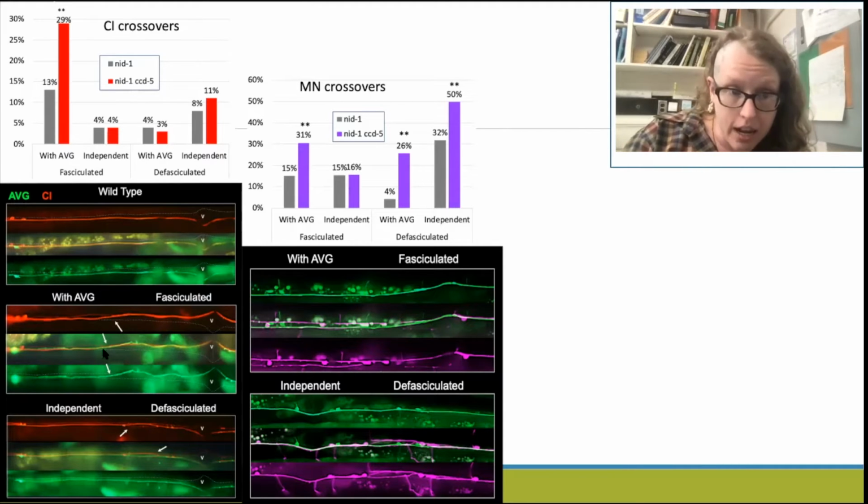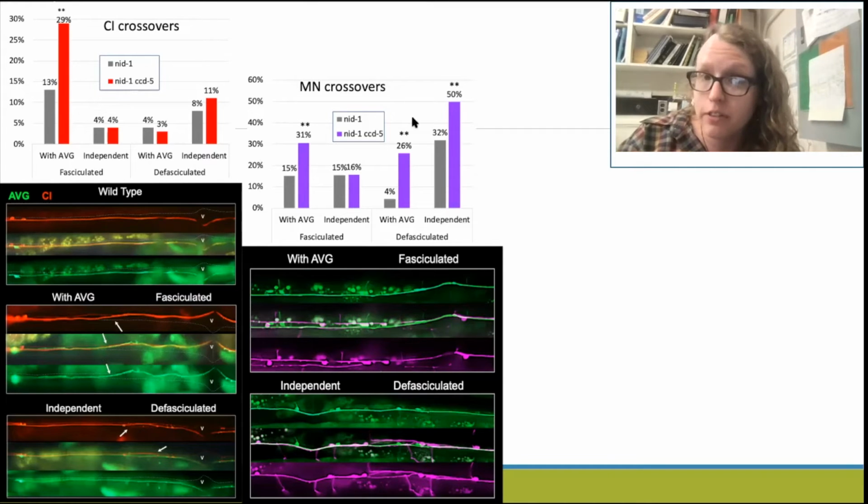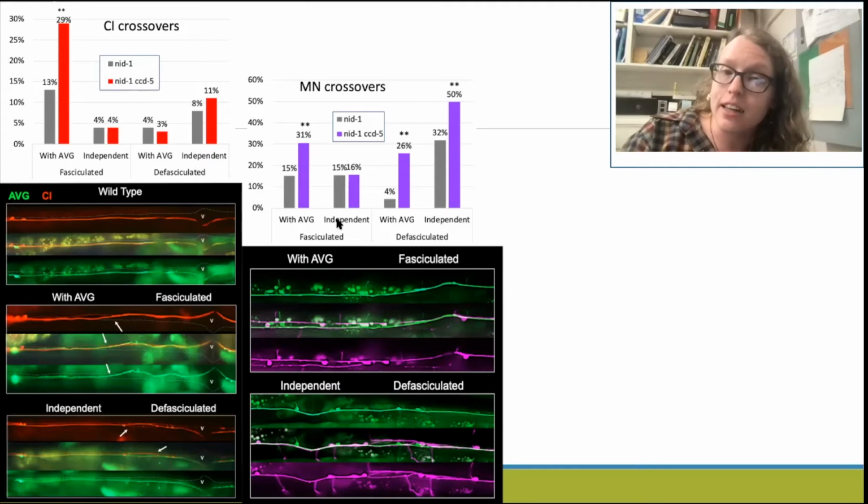So you see that? There's everyone crossing. Every last red one is crossing the midline, the same place that the green one is crossing. Now there's different stuff going on with the motor neurons. When you look at fasciculated, again, you only see changes with ABG.